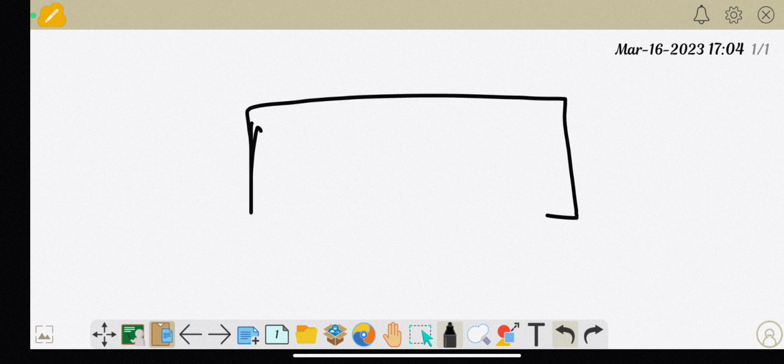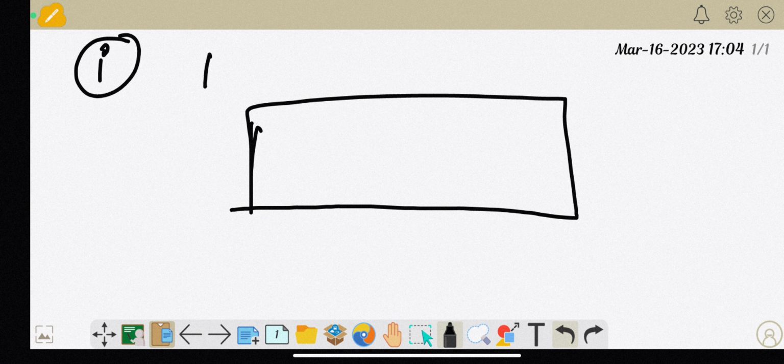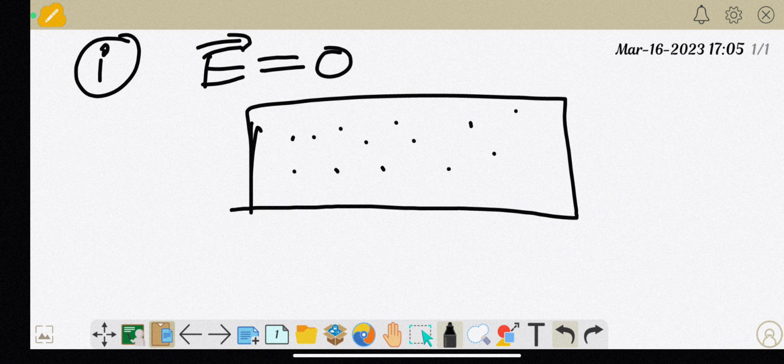Let's take a case where I am not applying an external electric field. My external electric field is 0. Now the conductor will have some free electrons, and these free electrons are free to move in random directions.